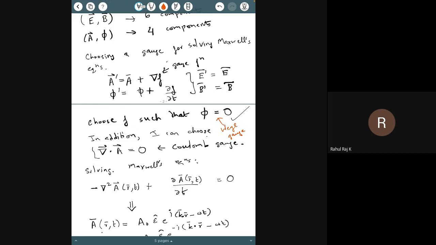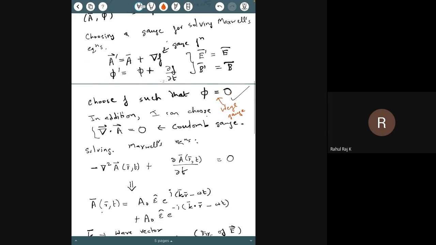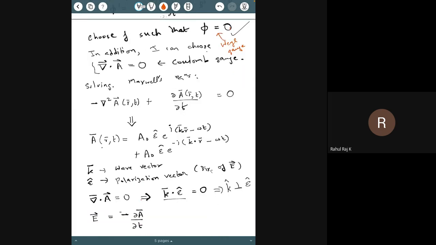So here both phi is 0 and divergence of A is 0. Then when we solve the Maxwell's equations for these potentials, we get a unique solution only because we have set these gauges. If you didn't, you would get a family of solutions.